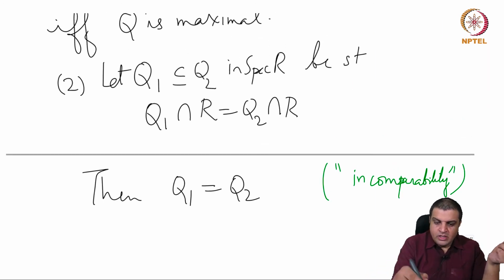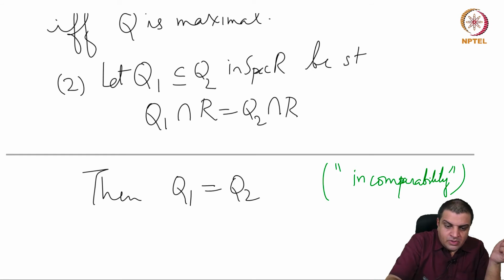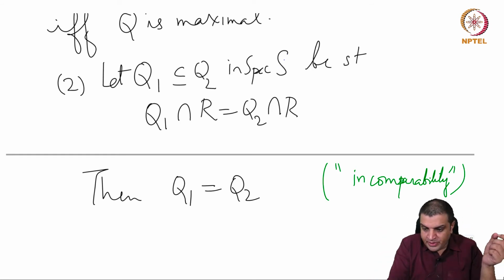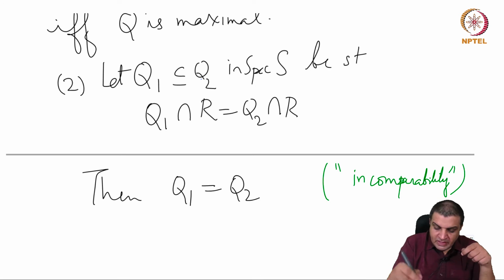There are two Q's in spec S, two primes, points in spec S which map to the same point below with this property that they are comparable, then they must be equal. So this is sometimes called incomparability.